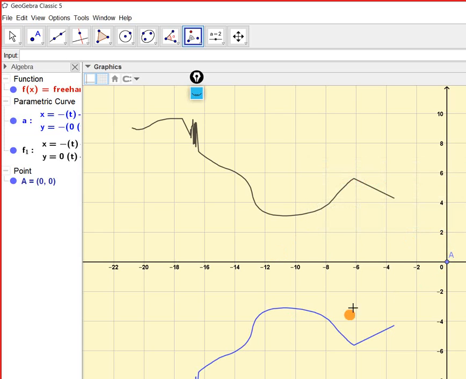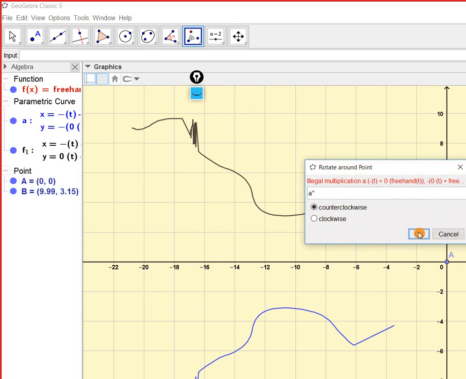All right, we'll see this in a little bit, but any point that we put on here, let me put a point like right there, and I rotate that point 180 degrees. Why won't that work?